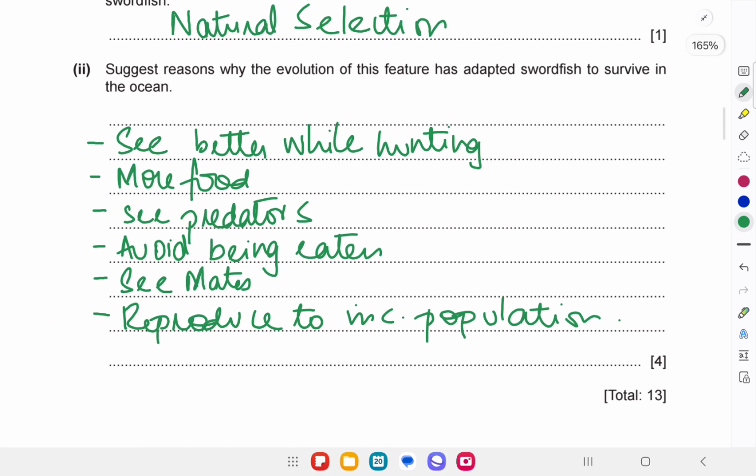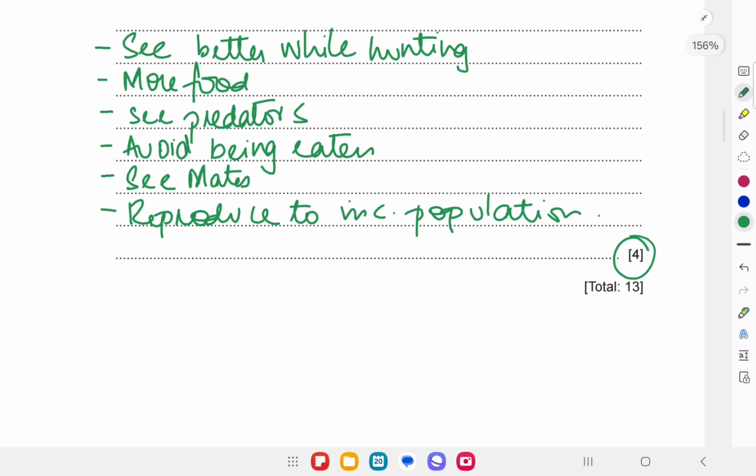So if you write any 4 points from these 6, you'll get full marks in this question.